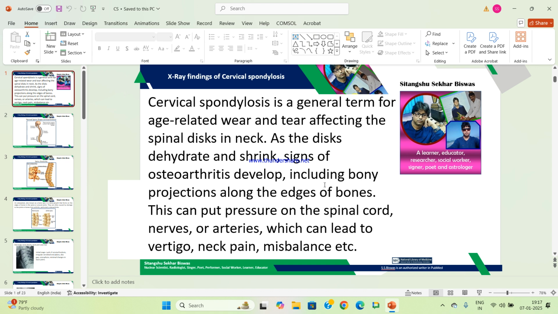Sometimes the aged people used to experience shoulder and neck pain, the vertigo, the cervical vertigo, and very easily it can be ruled out. 95% of all these things will be due to this cervical spondylosis. So I'm just going to discuss very shortly how it is to be identified simply by X-ray.